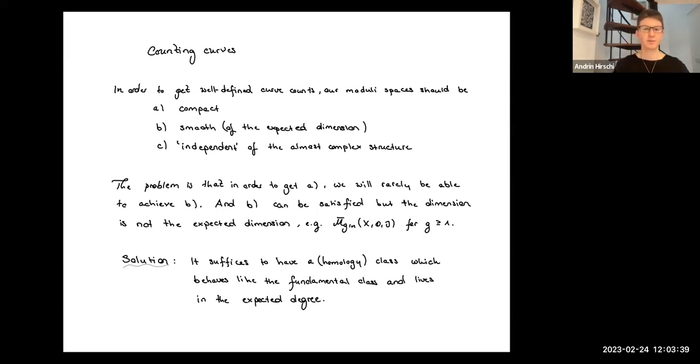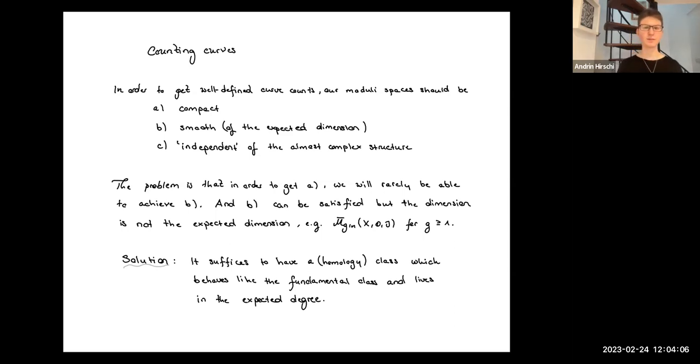So our curve counts should be independent of the almost complex structure. We know how to relate different moduli spaces of smooth curves, which are pseudoholomorphic with respect to different almost complex structures. And somehow we want to have a similar thing for whatever we build on top of these moduli spaces to get curve counts.